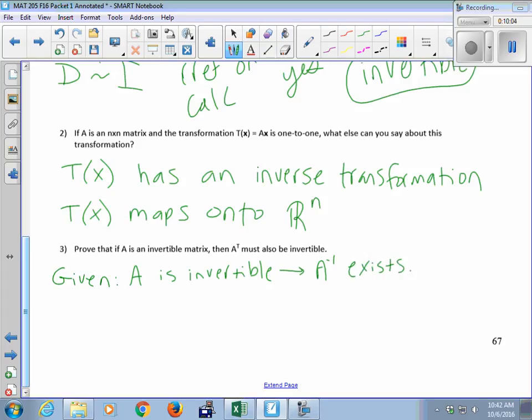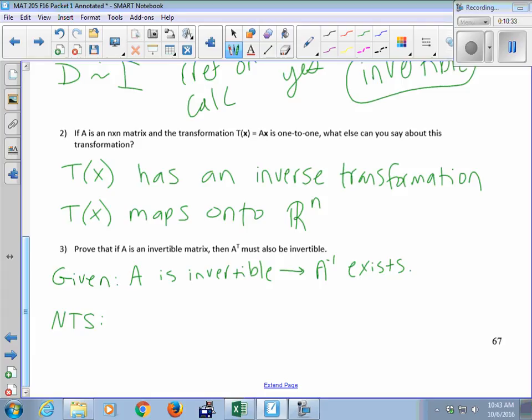And what I want to show, NTS is my shorthand for need to show, in order to prove that A transpose is invertible, I have to come up with some matrix that when you multiply it by A transpose, you get what? The identity, right? To show that a matrix is invertible, you have to find that matrix that you multiply by and you get the identity.